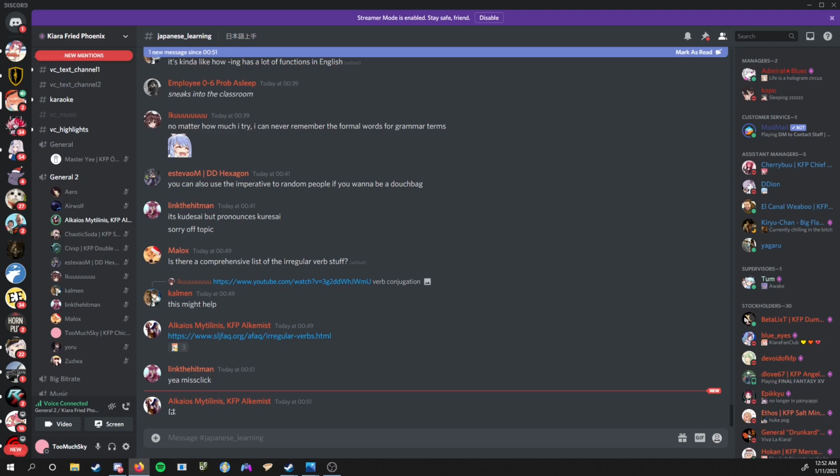Basically, what you're doing when you use the wa particle is talking about the topic that you want to discuss. So remember what I said about needing to imply things, needing to set the right frame for the conversation. Well, this particle is how you do that.